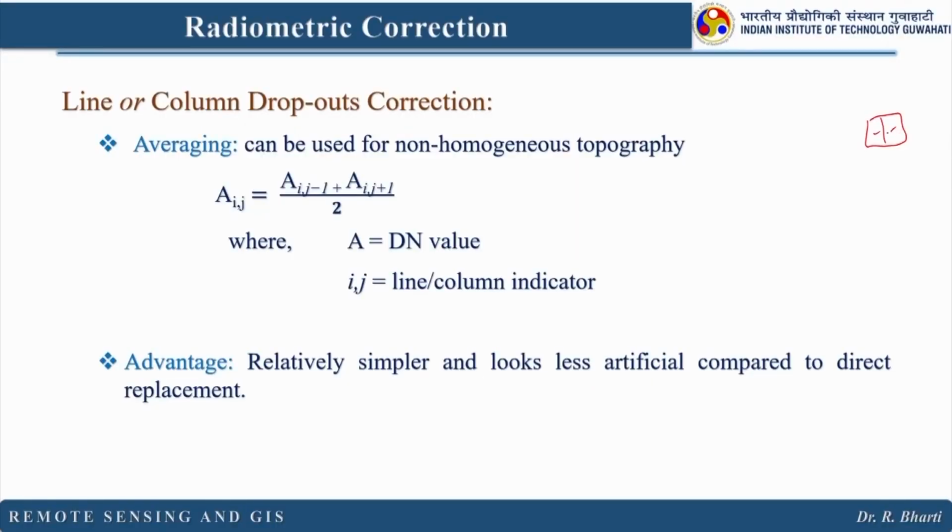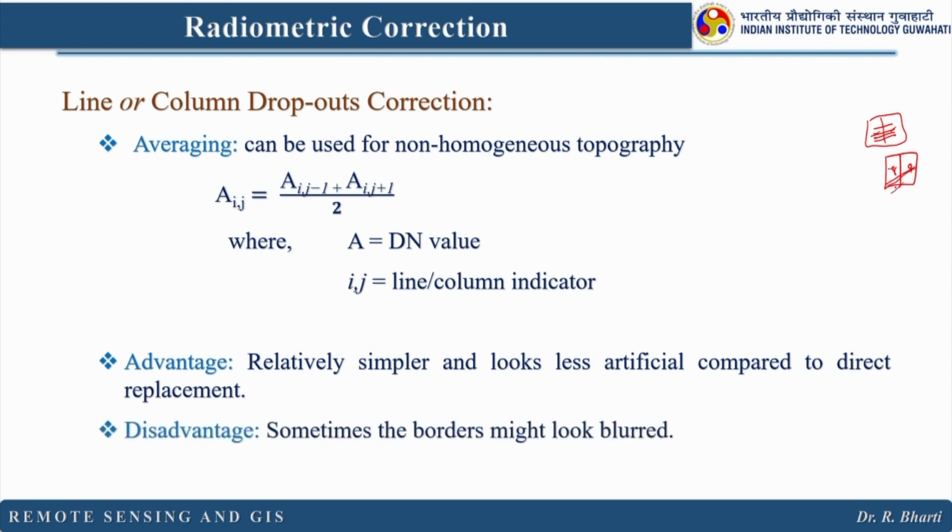If two regular pixels have the same value, this may appear differently than if they have some continuous value, right. So, here 8, here 9. This will be more soothing to you. And the disadvantage is that sometimes the borders might look blurred.